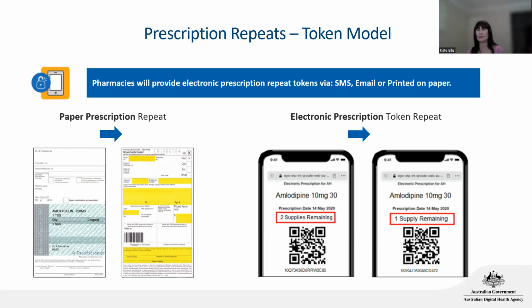You've got the medicine. At that point, say there was a repeat remaining and you've received that SMS or email, so you've not only got the medicine, but you've got the repeat token for the next supply that says now 1 supply remaining, then you are safe to delete this first one here because there's no need for it anymore. Anytime you try to use it, it's going to say that it's already been used.